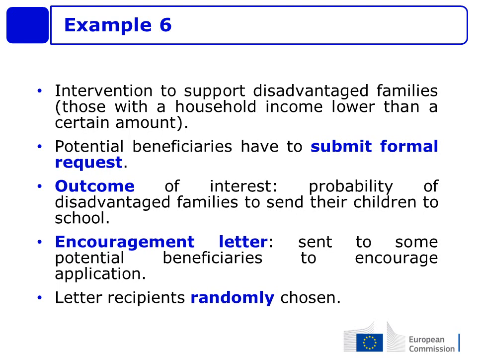Example 6. Let us consider a region that wants to introduce a policy for supporting disadvantaged families. Only families with a household income lower than a certain amount are entitled to receive the benefit. Moreover, the potential beneficiaries have to ask for the subsidy with a formal request. The outcome of interest is the probability of disadvantaged families to send their children to school.